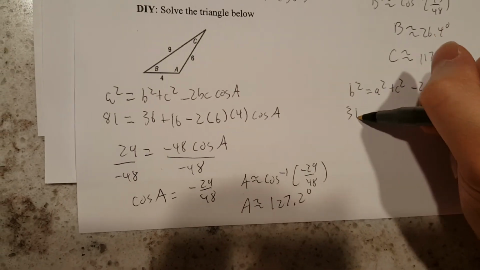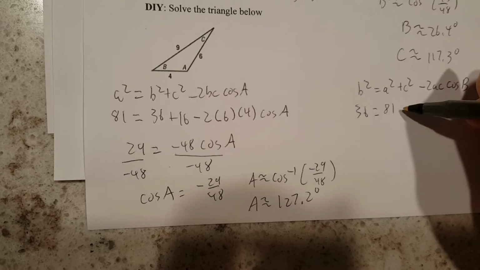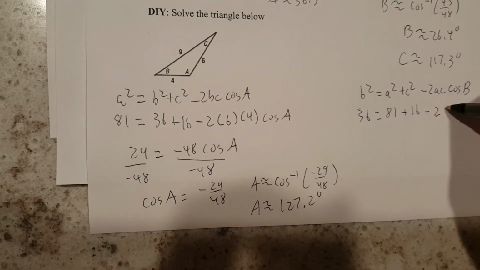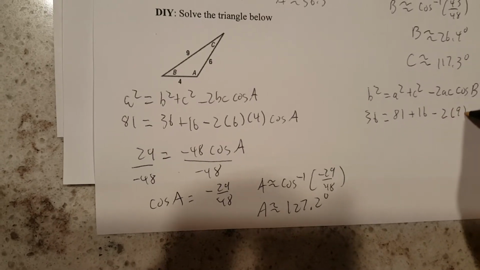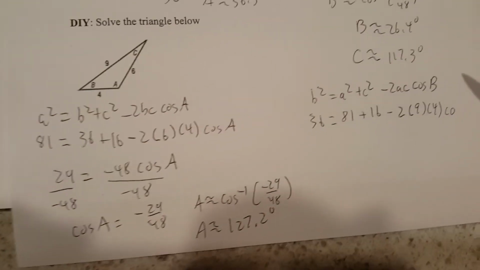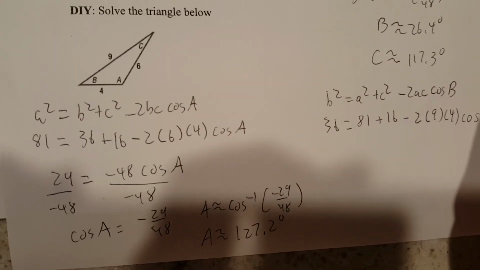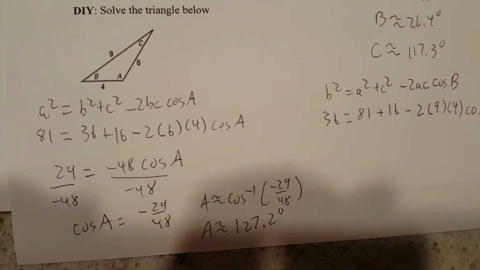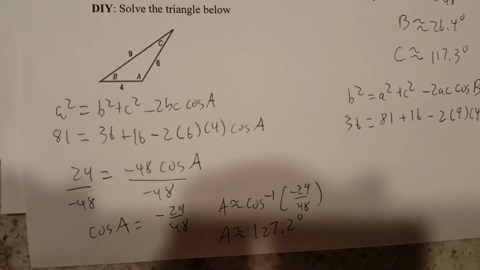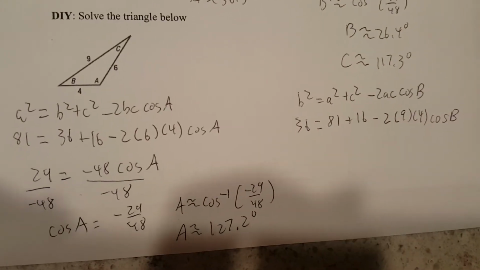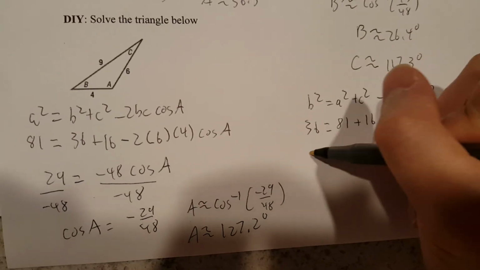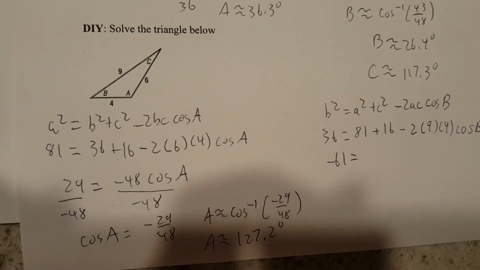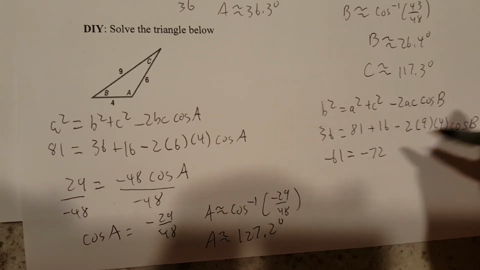This is going to be 36 is equal to 81 plus 16 minus 2 times 9 times 4 cosine B. I'm going to do the math all in one step. 81 plus 16 is 97, and I'm going to move it to the other side. So this is negative 61 is equal to negative 72 cosine B.